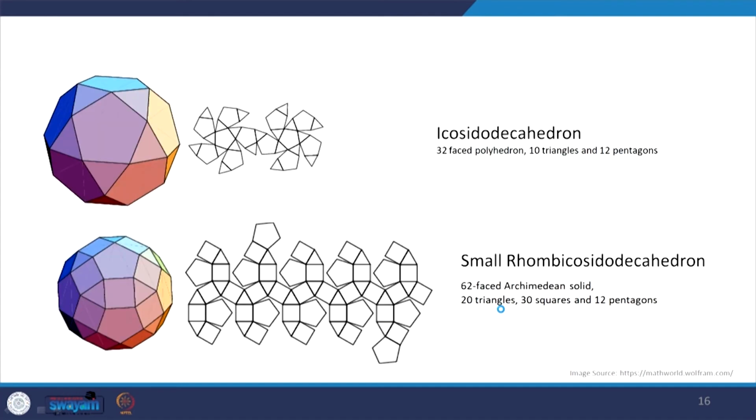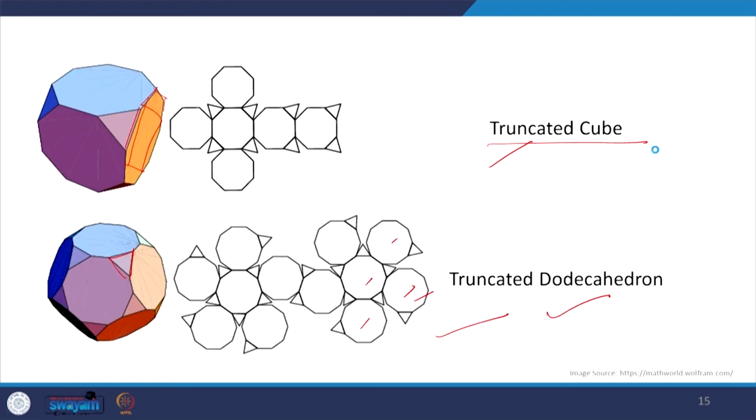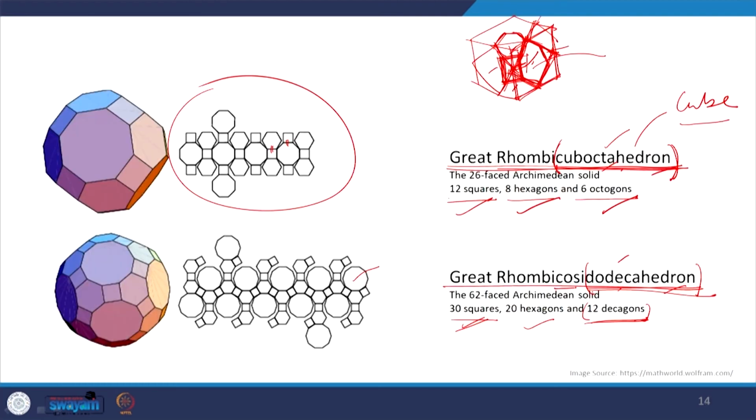Similarly, we have other Archimedean solids as well, where the truncations happen in a defined manner. For example, the icosidodecahedron has triangles and pentagons only, unlike the rhombicosidodecahedron, where we had squares, hexagons and decagons.